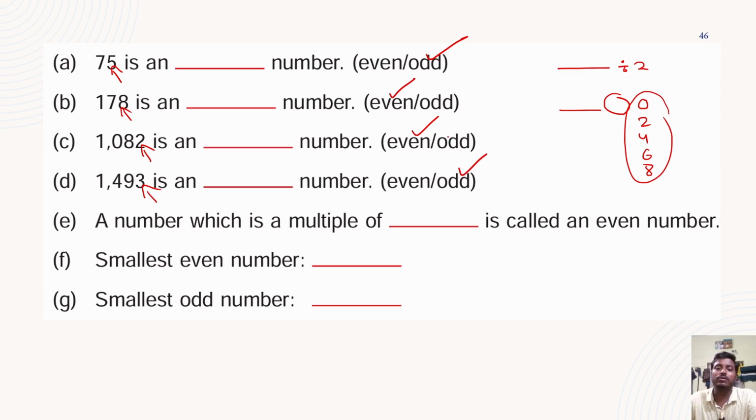I hope all of you are clear what is odd and even. A number which is a multiple of 2 is called an even number. The numbers start from 1, then 2, then 3, etc. The smallest even number is 2 and the smallest odd number is 1. Okay, next.